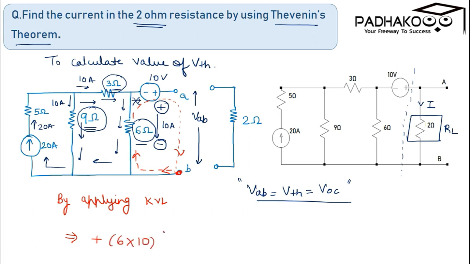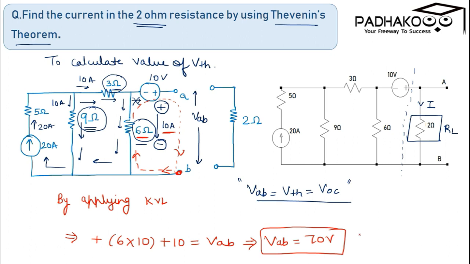As we can see, 10 ampere is the current and 6 is the resistance. So I into R is the voltage gain. Then plus 10 volt equals VAB. This implies that VAB equals 70 volts. VAB is equal to 70 volts, and the same is the value of VTH.